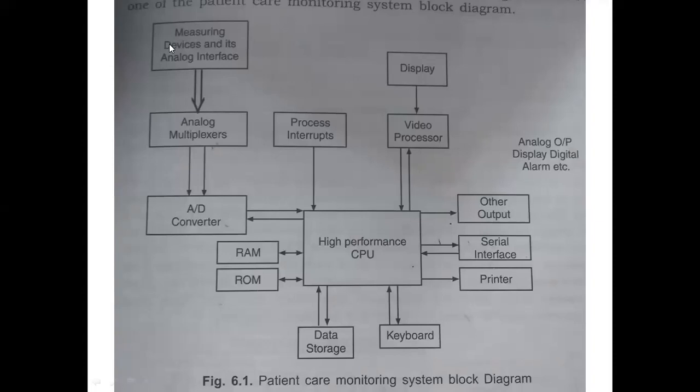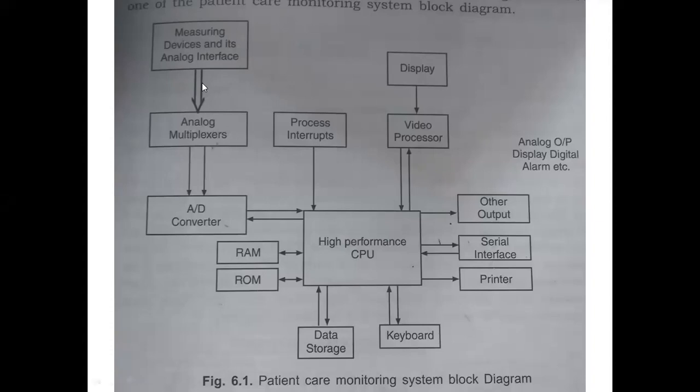If you consider these, they are the measuring devices and the analog interfaces. The measuring devices are sensors or transducers which are used to observe the information from the patient. That information is collected from the measuring devices and sent through the analog multiplexers via the analog interfaces. Analog interfaces are nothing but conversions. The information will be converted to electrical signals, and through that it will be transferred to the actual system.